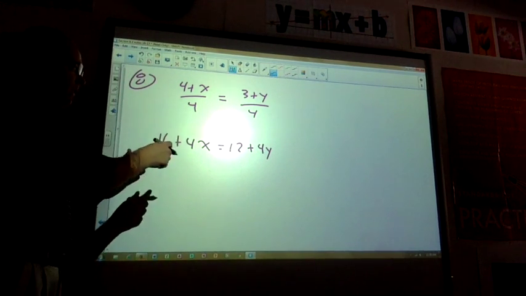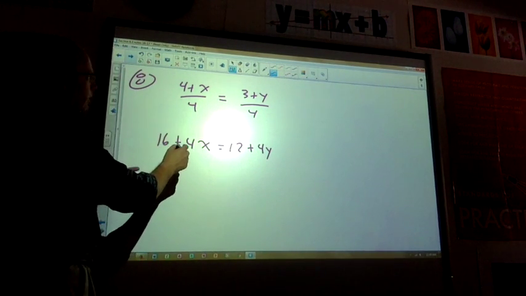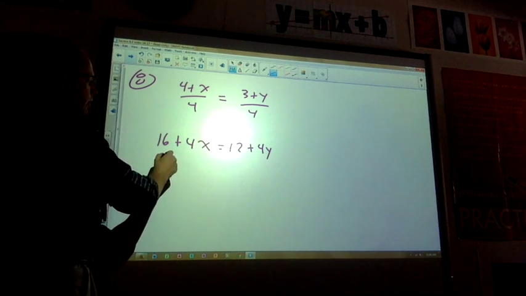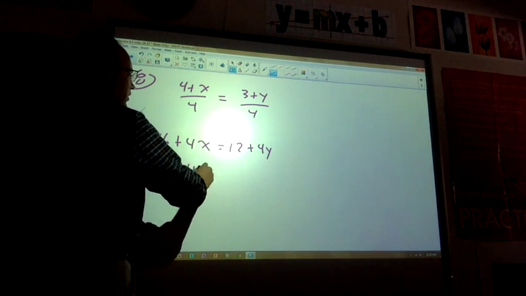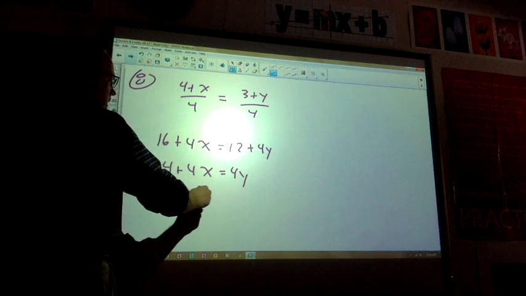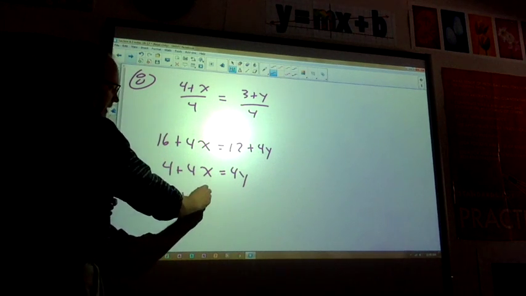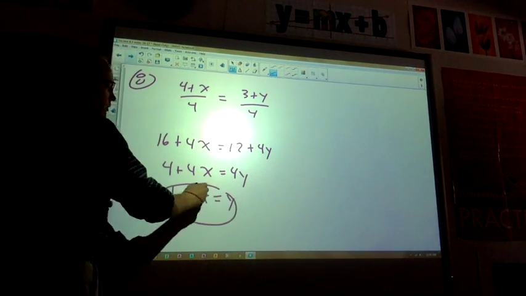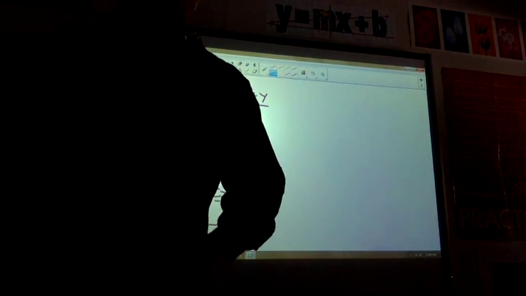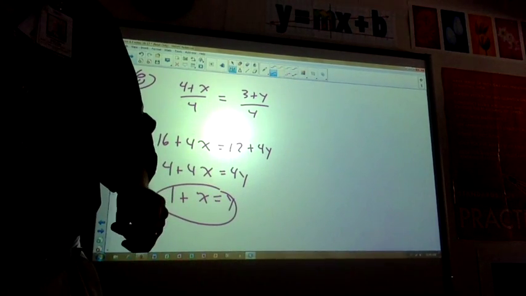And you could leave it like that, or you could start simplifying it down. So you could have 4 plus 4x equals 4y. So as long as my next one can get us to any one of those, we are good.